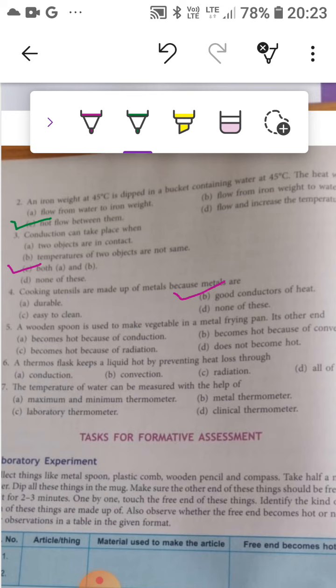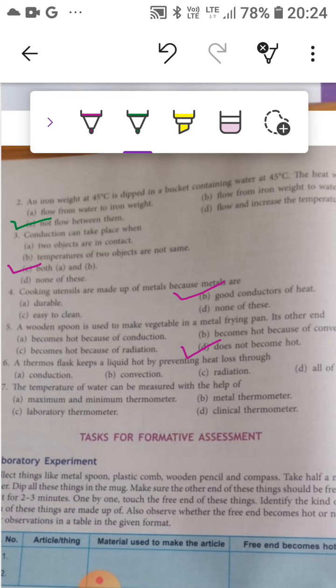Now the 5th, a wooden spoon is used to make vegetable in a metal frying pan. Its other end does not become hot because it is made of wood, and wood is a bad conductor of heat.